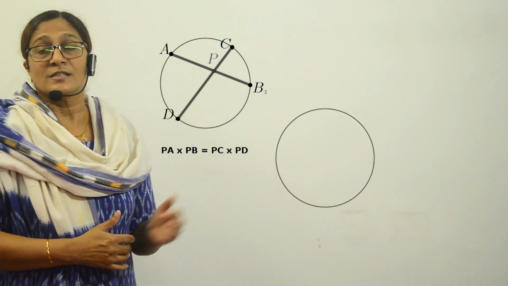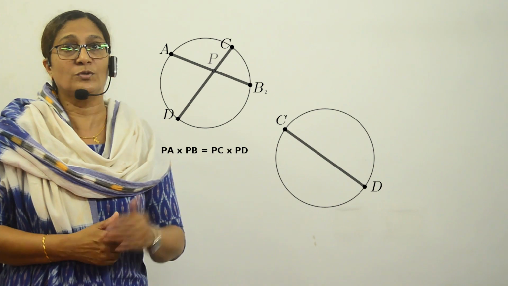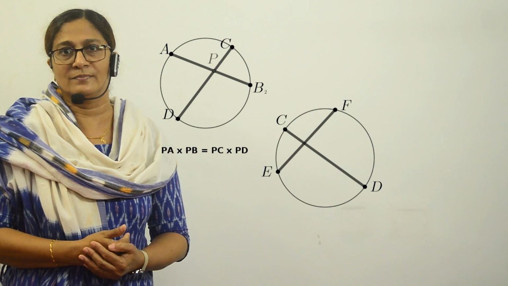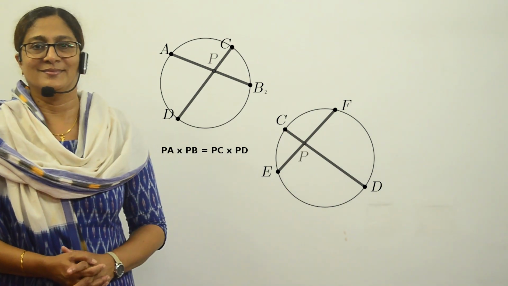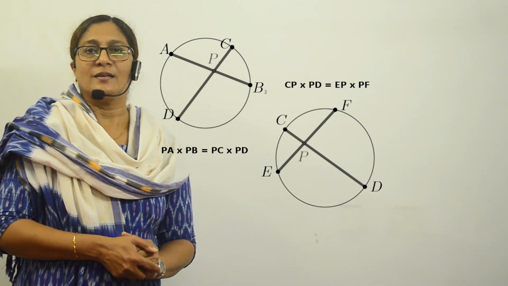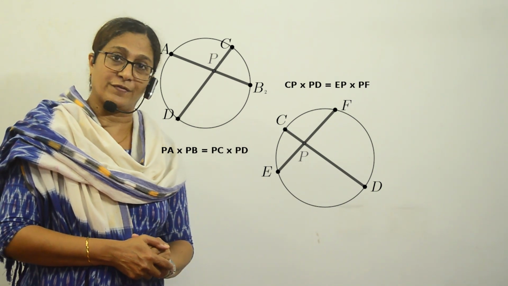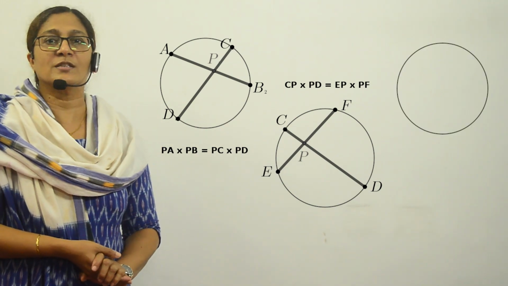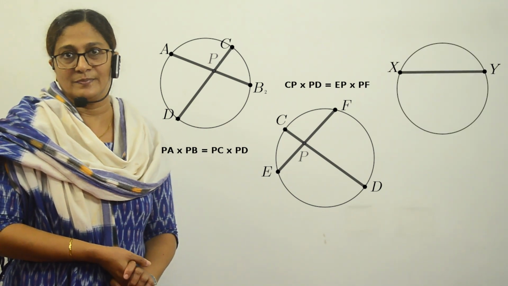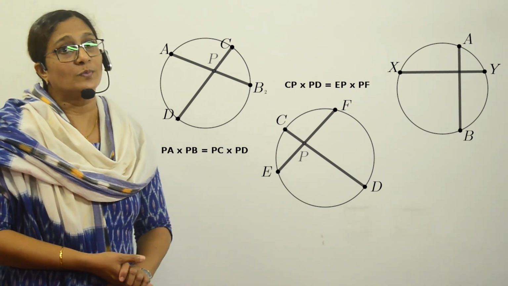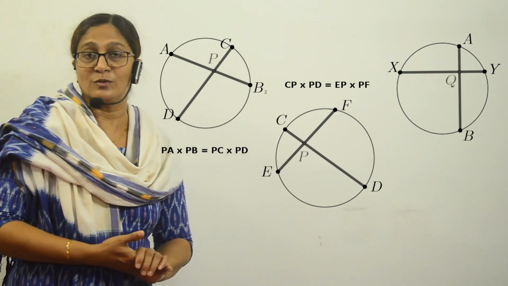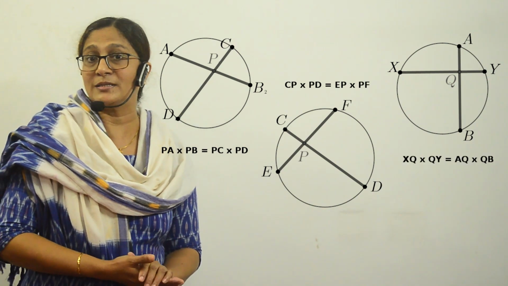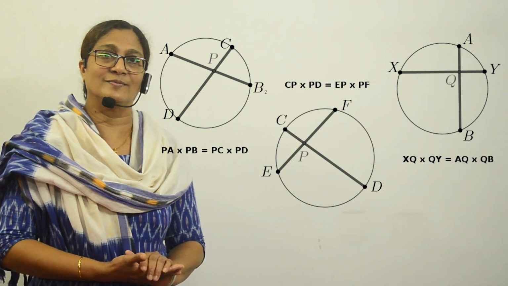Here the chords are CD and EF, meeting at the point, say P. We have the relation CP into PD equals EP into PF. This is another circle. The two chords are XY and AB, meeting at the point Q. Therefore, XQ multiplied by QY will be equal to AQ multiplied by QB.